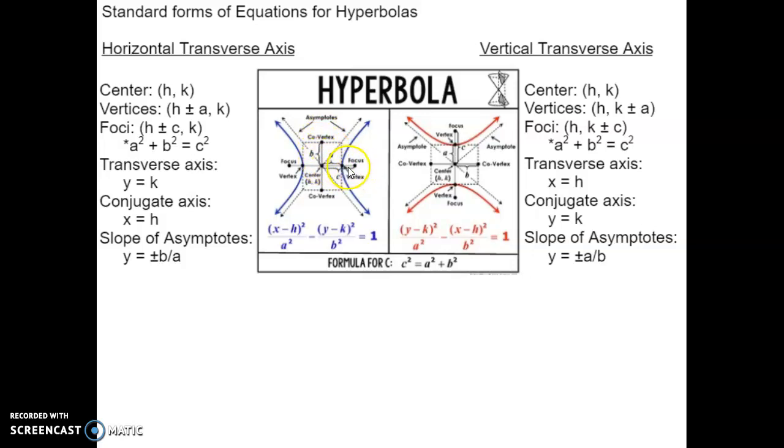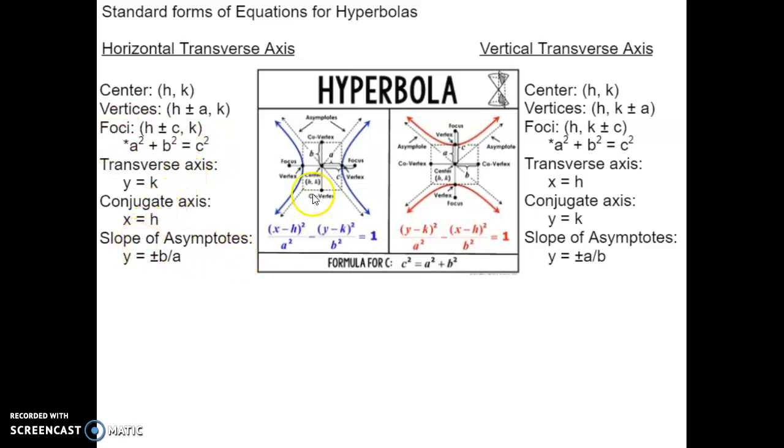So you get this right triangle, and that's where a squared plus b squared equals c squared comes from. So it's a little bit different order than ellipses, so that can get confusing, but it is the Pythagorean theorem that we're very familiar with.